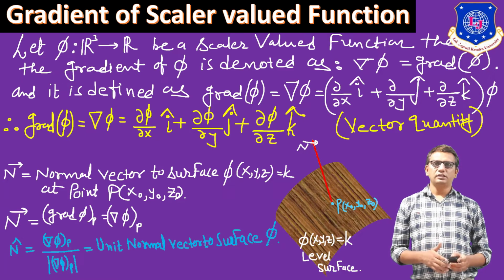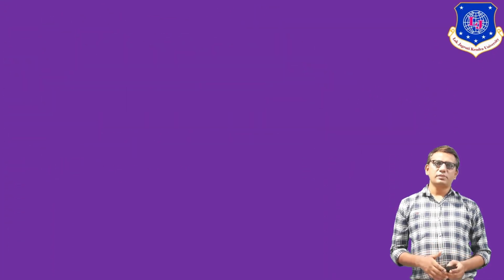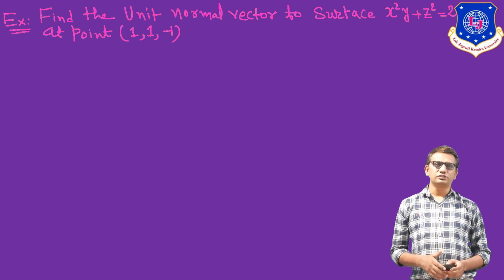So n caret is equal to del phi at P upon the length of that particular del phi vector. It is known as the unit normal vector to a surface at point P. So now we will see some examples related to this topic.